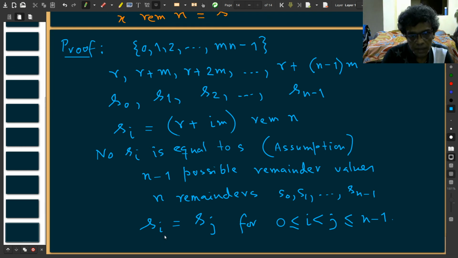So, Si is the remainder of r plus im when divided by n. Sj is the remainder when r plus jm is divided by n. And you also remember this inequality, 0 less than or equal to i, less than j, less than or equal to n minus 1. Okay.